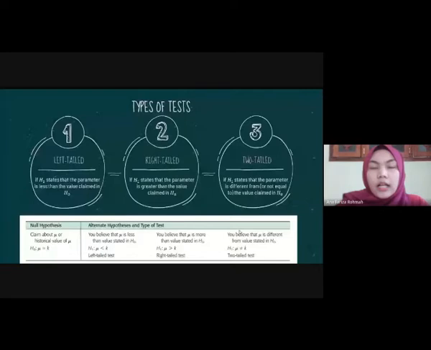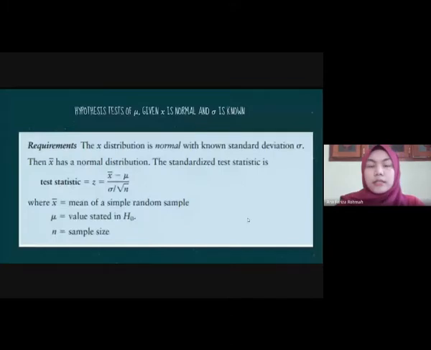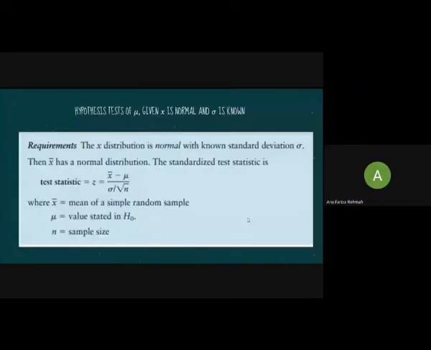The next is hypothesis test of mu given x is normal and standard deviation sigma is known. The requirement: the x distribution is normal with known standard deviation. Then x bar has a normal distribution.